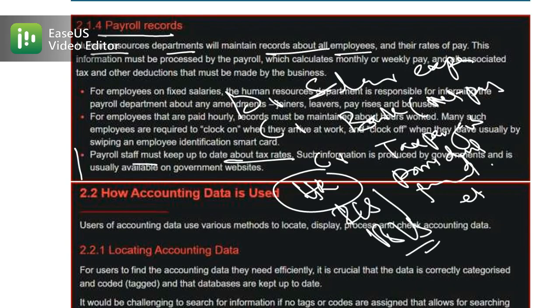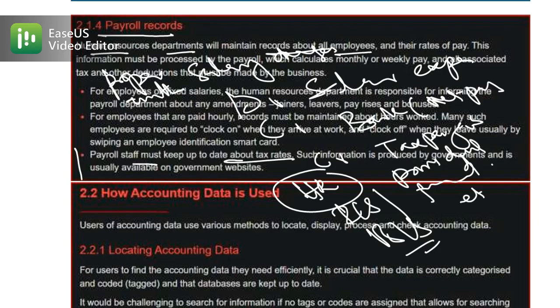And if you're looking at the audit and compliance perspective, payroll records are sensitive and must be accurate. An auditor looks for the proper authorization of salary changes.